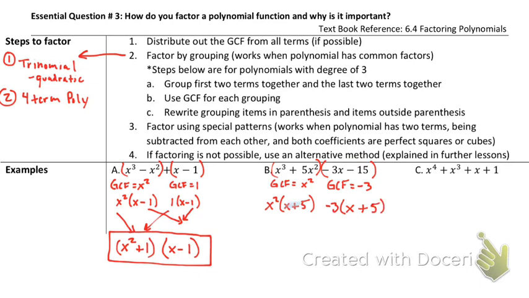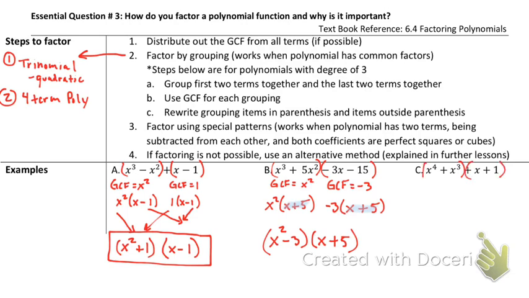Since these guys match, I can then continue factor by grouping. So I'm going to do step C now, rewrite the grouping terms. Okay, and that is your answer for B. C, group again.